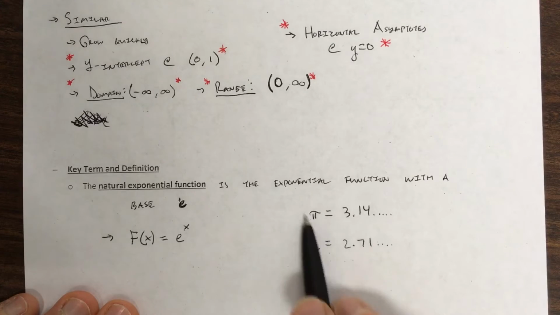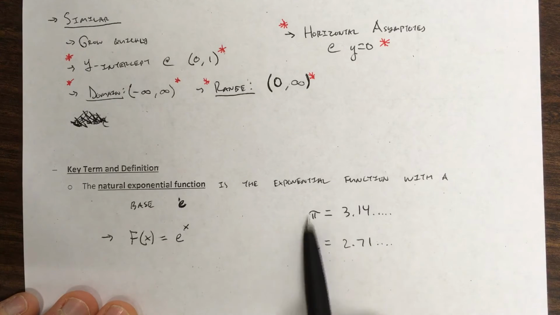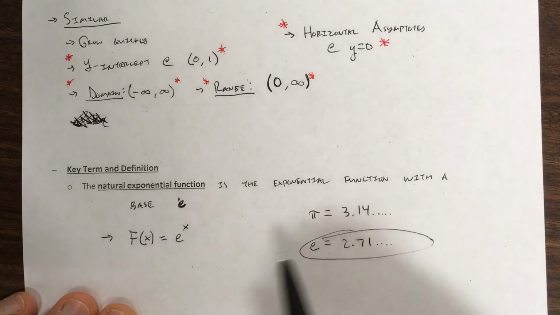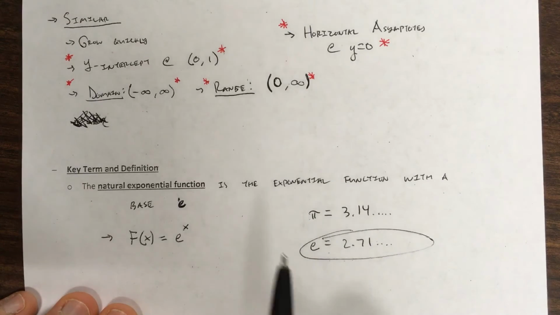For e, we should know that that is an irrational number similar in the same vein as pi, but instead of 3.14, it is 2.71. And so this function comes up a lot in different contexts, and this is an important exponential function that we're going to take a look at throughout this unit.